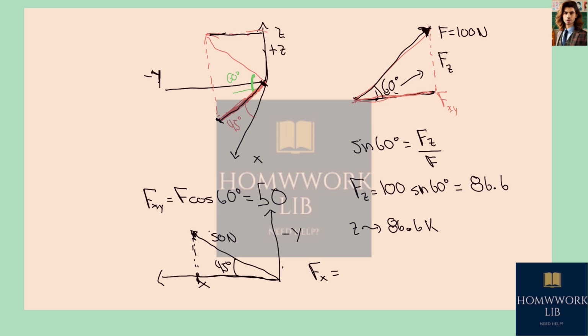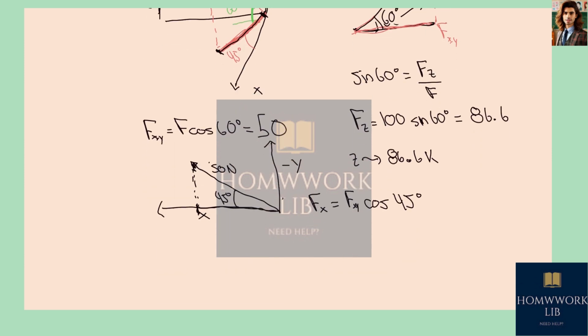So that is the value for Fxy, the component that we just got, times the cosine, in this case, of 45 degrees. And finally, this is 50 times cosine of 45 degrees. And the component in minus y, recall that this is the minus that we have here, it is going to be equal to 50 times sine of 45 degrees.